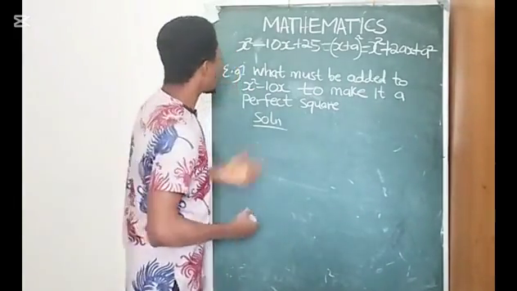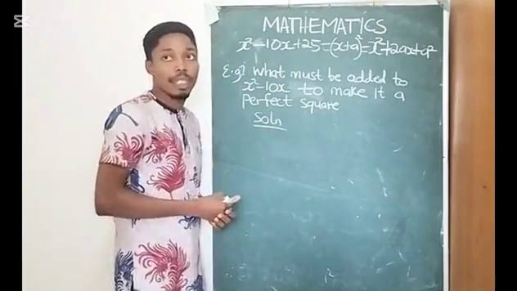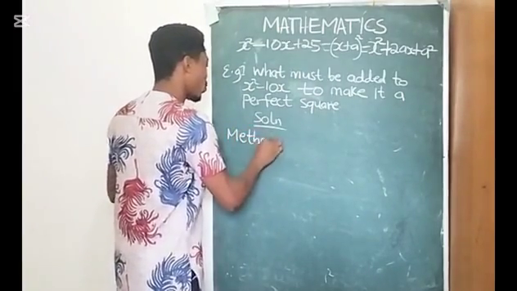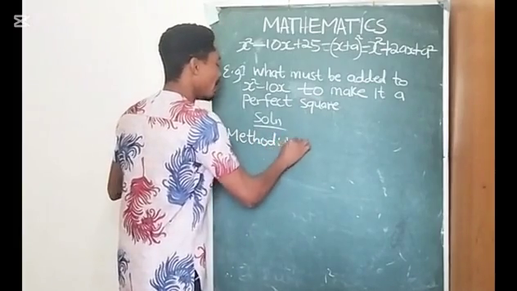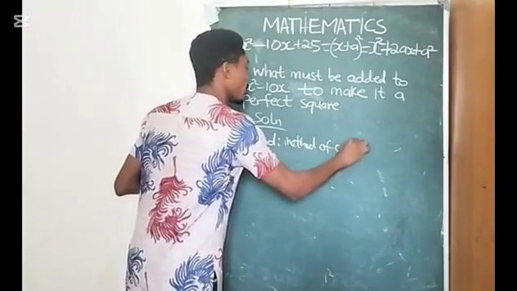Let's begin. So if you look at this, there are two methods you can do this. The first method, which I will be using with you, is the method of completing the square.